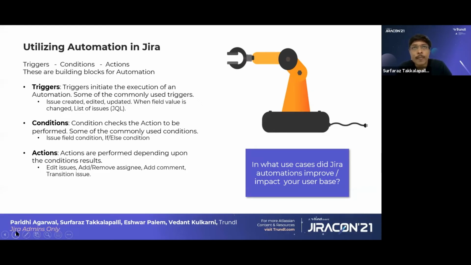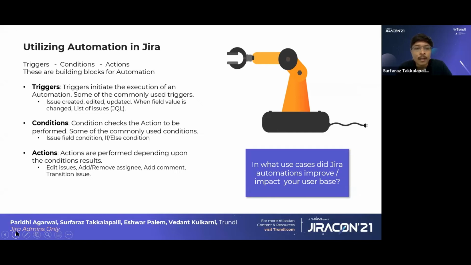For example, issue created is the most commonly used trigger, and you can also have a scheduler. Scheduler is mainly used when you have a JQL, a list of issues, and you want to change the field value in all the issues. So you just use a scheduler for that.